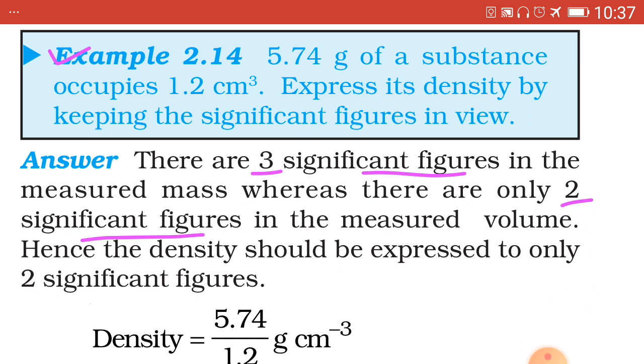Occupies 1.2 centimeter cube means it shows its volume, that much space it occupies. Express its density by keeping the significant figures in view.